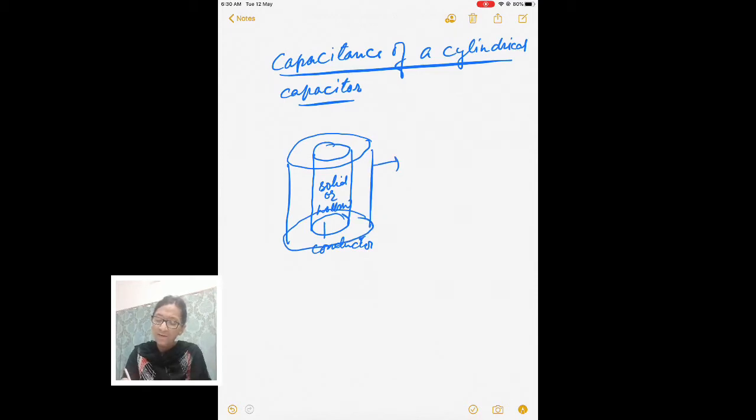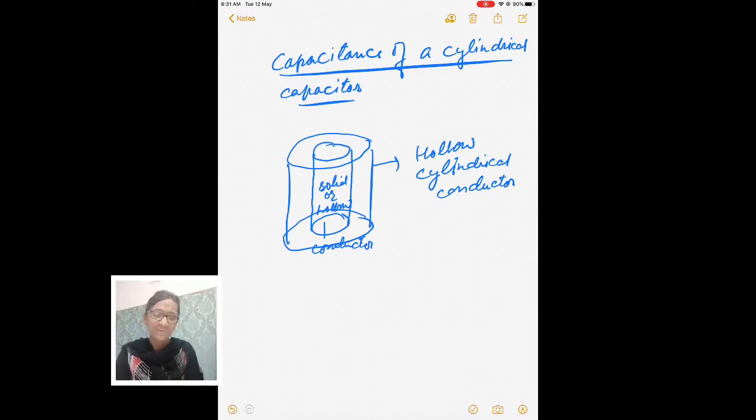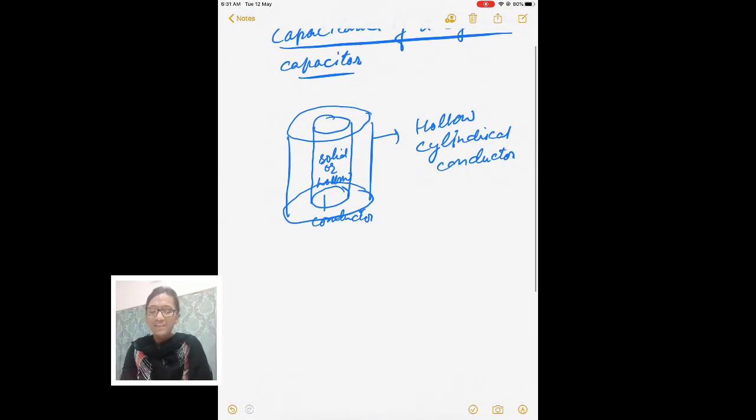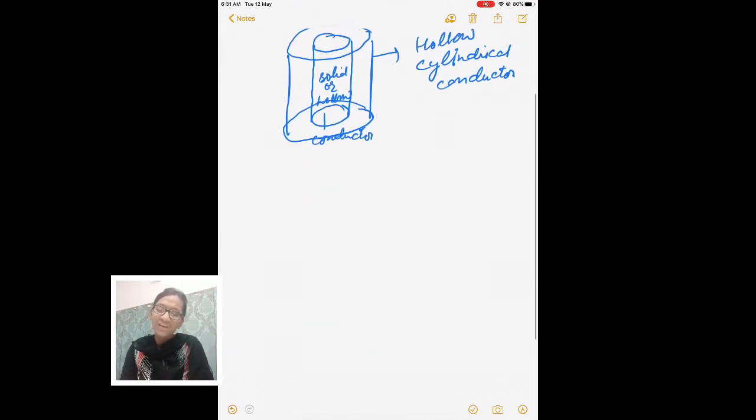This outer one is hollow cylindrical conductor. Now this forms a capacitor, and we are interested in finding capacitance of this cylindrical capacitor.